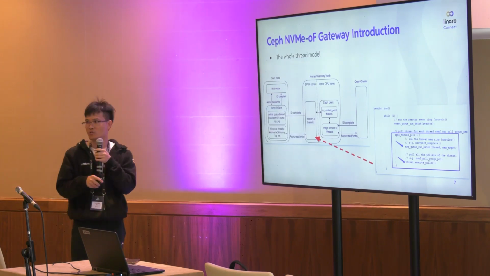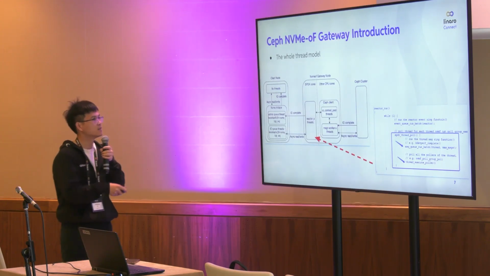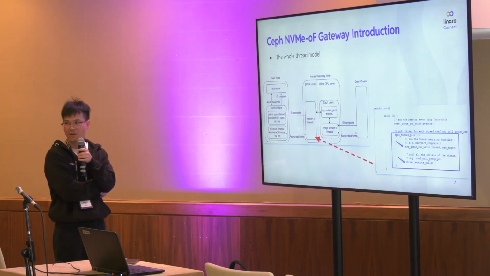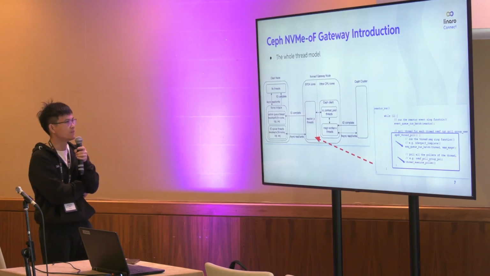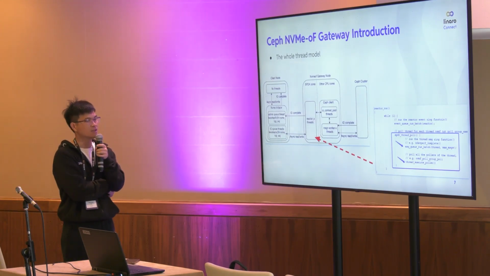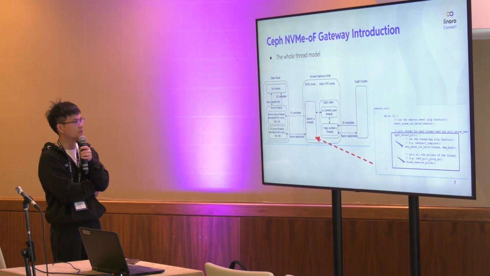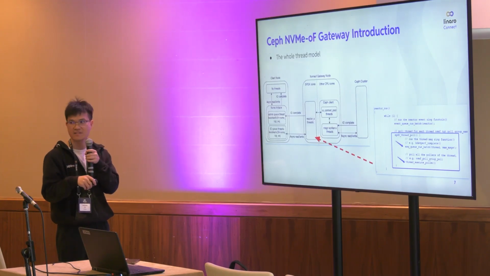This is the whole thread model of the SPDK Gateway. On the client side, you can see the application threads, for example FIO, which sends read and write I/O. On the client side there is also an NVMe initiator. In the initiator, there is an admin queue and I/O queue threads to handle the admin and I/O commands.